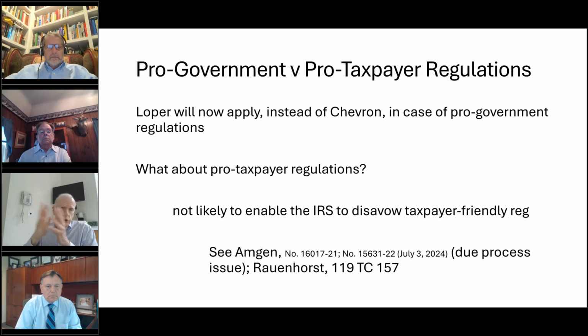And Brownhorst is another interesting case, which says that when the IRS comes to the tax court, it should not be arguing against its own outstanding revenue rulings. Well, if it can't argue against its own outstanding taxpayer-friendly revenue rulings, all the more it shouldn't be able to argue against its own taxpayer-friendly regulation.